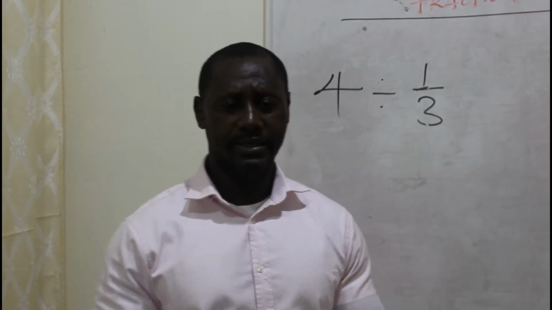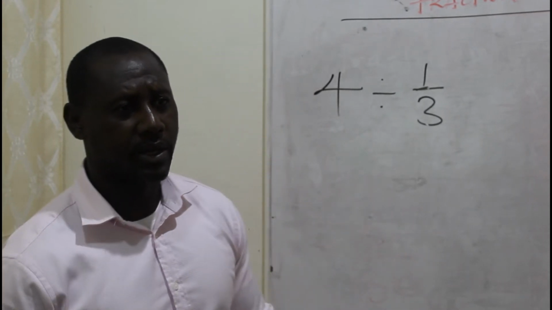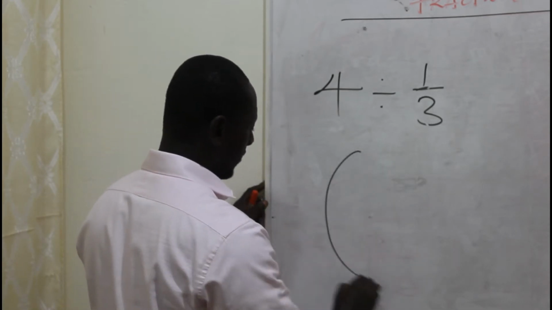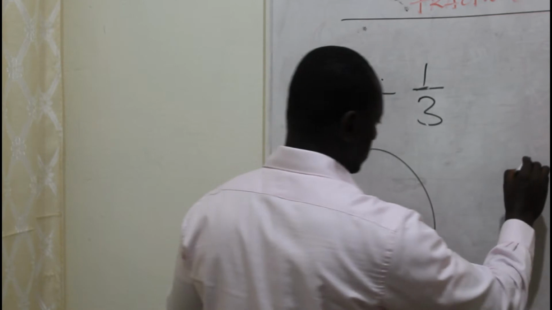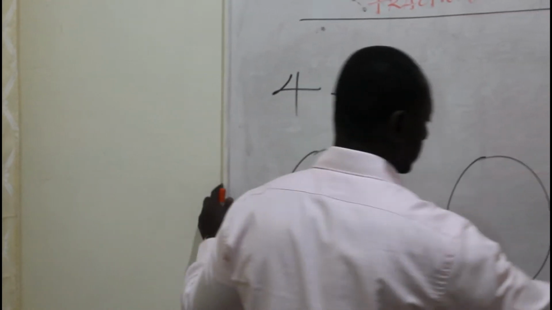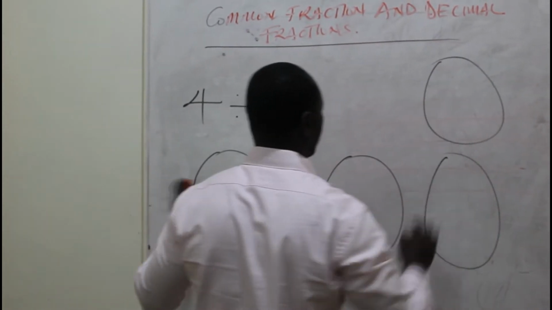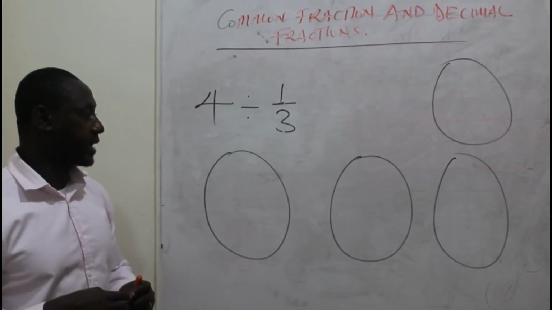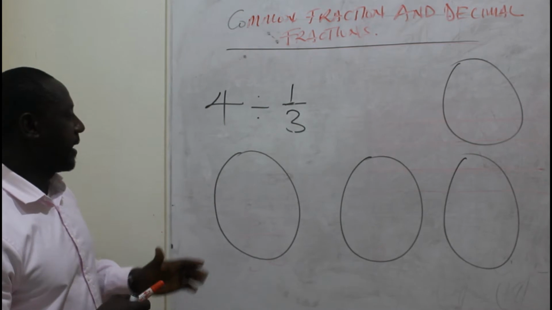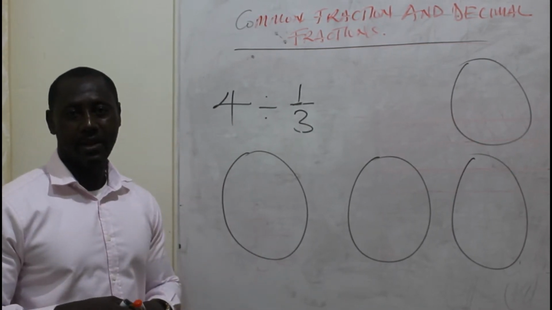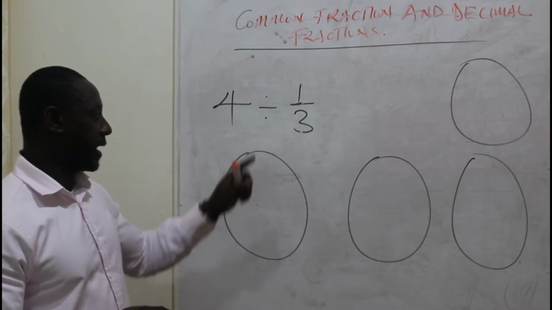paper to model this, or paper folding, then let's assume this is my piece of paper. I have 4 wholes. These are the 4 wholes that I have, and I am going to divide each whole into 3 equal parts. Remember, this is 1/3.